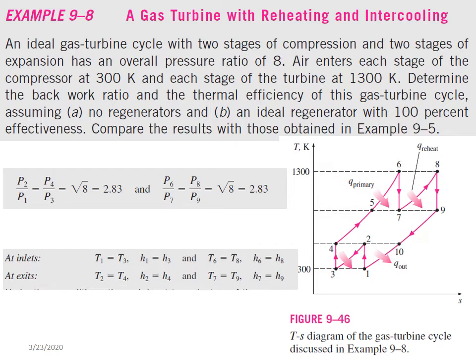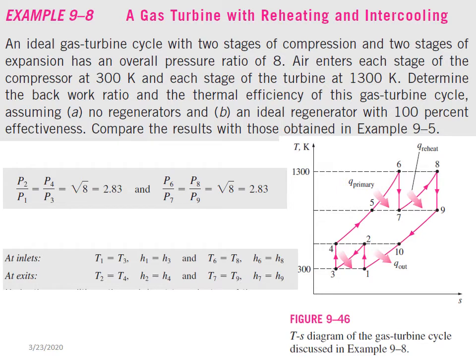For the two stages of compression, 1 to 2 and 3 to 4, and for the two stages of expansion, 6 to 7 and 8 to 9, the work input is minimized and the work output is maximized when both stages of the compressor and the turbine have the same pressure ratio.